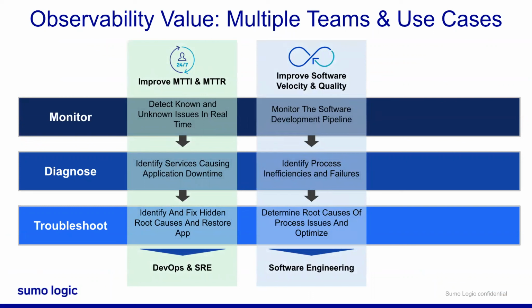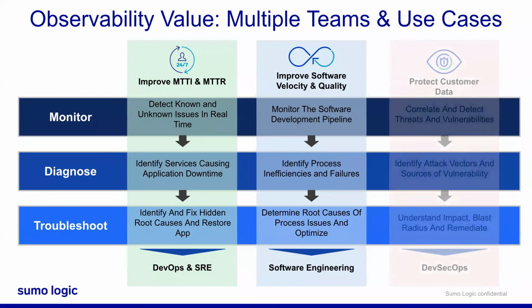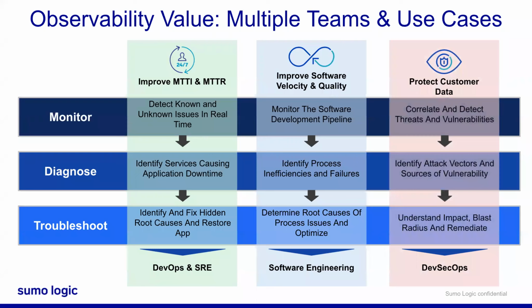By collecting information about the pipeline and identifying issues with the software delivery process, those teams can improve the quality as well as the delivery of their application. Security teams can ensure the security posture of their applications through observability. And what's unique about Sumo Logic is that it addresses the needs of all these teams and personas in one integrated platform.